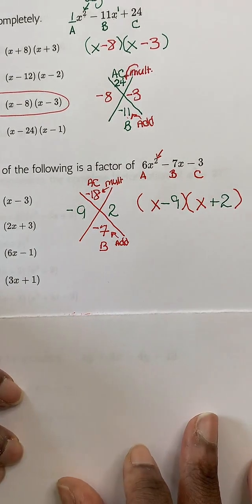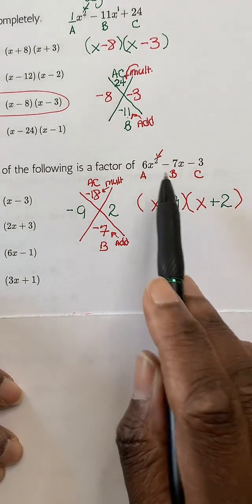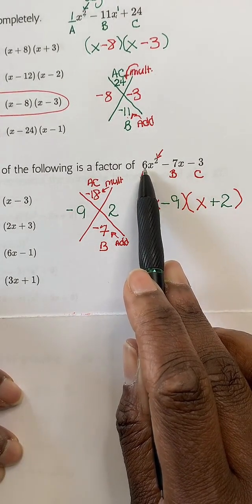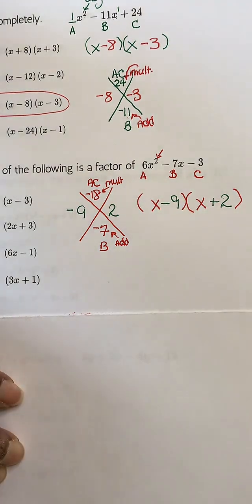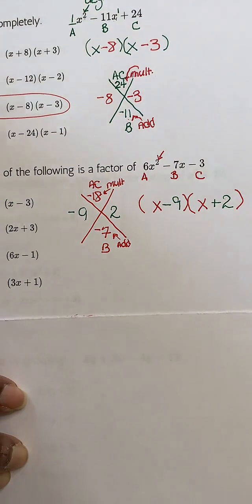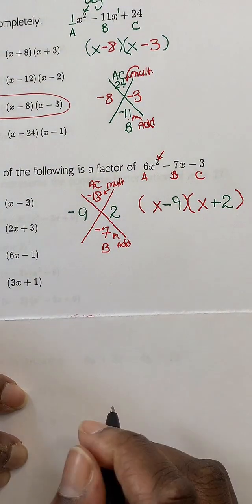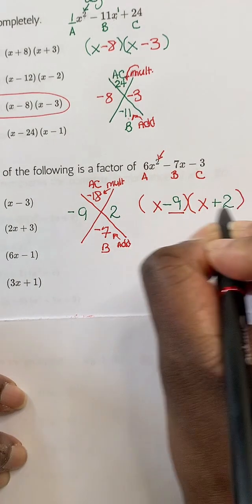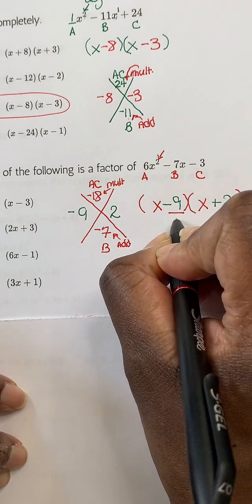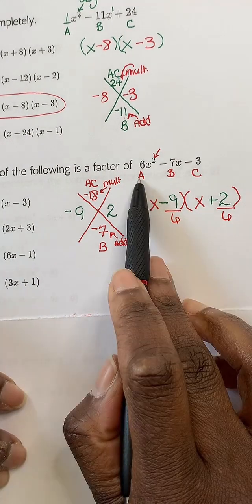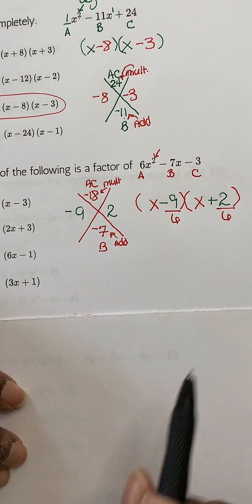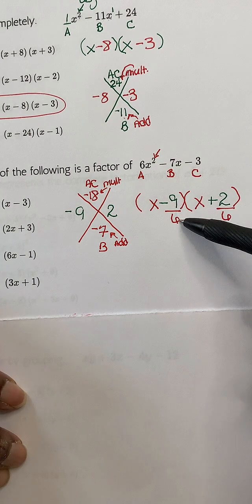Now, remember I said that there's a little twist, and the reason why there's a twist is because my A value is a 6. So this is what I can do. A lot of people call it simplify and slide. I'm going to divide both of these by my A. The reason why we're doing this is because we got an A. Last time we didn't have an A. So now let's take a look at 9 and 6. 9 divided by 6 is not going to give me a nice, sweet, pretty number.